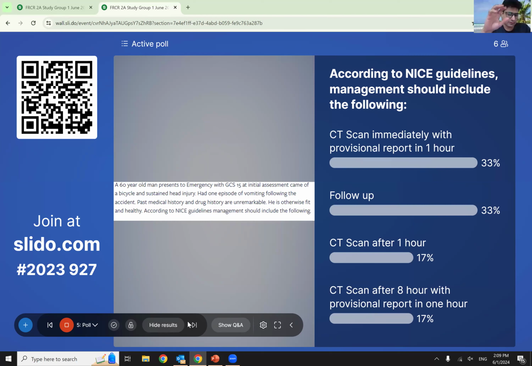So according to the NICE head injury guidelines, the risk factors for people who have a GCS of 15 are age over 65, more than one episode of vomiting, and high risk of bleeding.